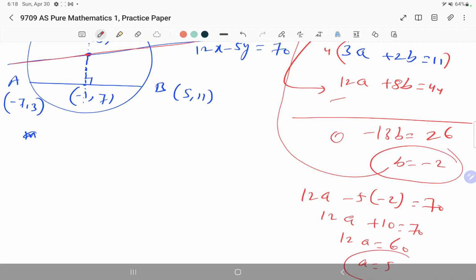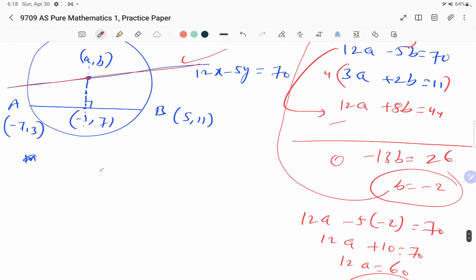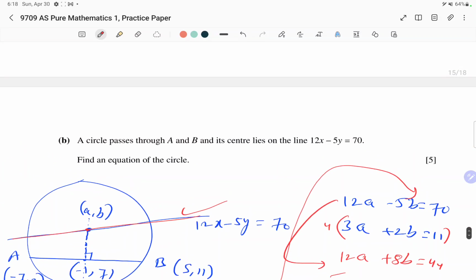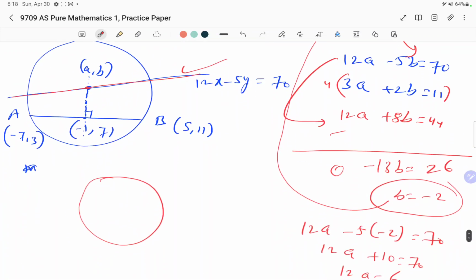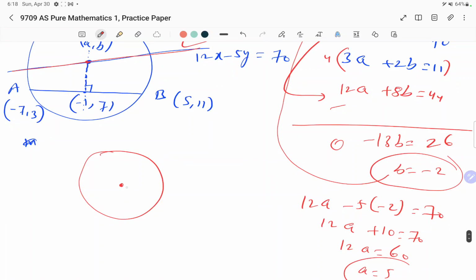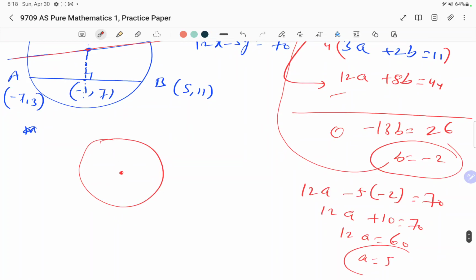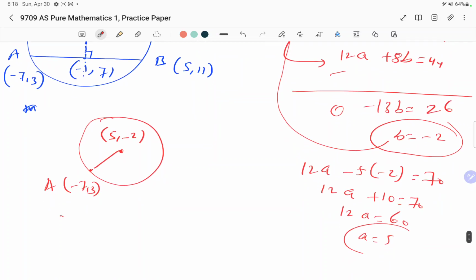So I got a equals 5. Now what do we need to find? The equation of the circle. So now I have the center (a, b), which is (5, -2), and suppose a point is (-7, 3). So can we find the radius now by application of the distance formula?